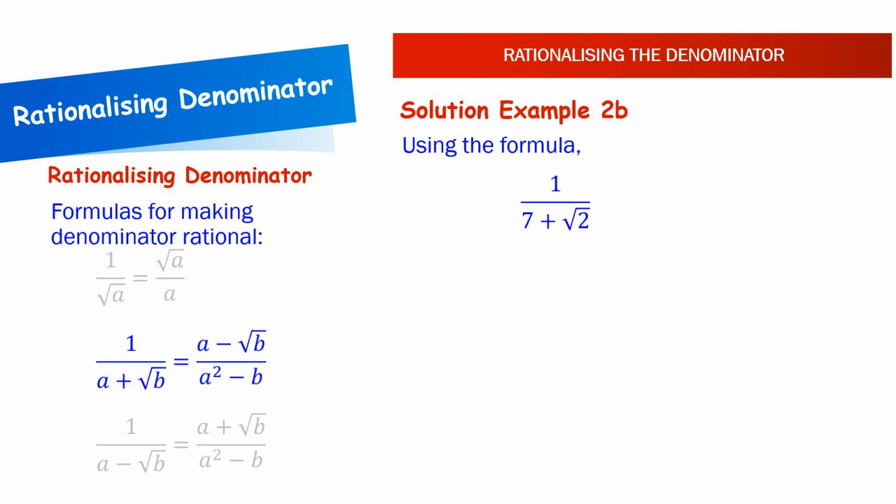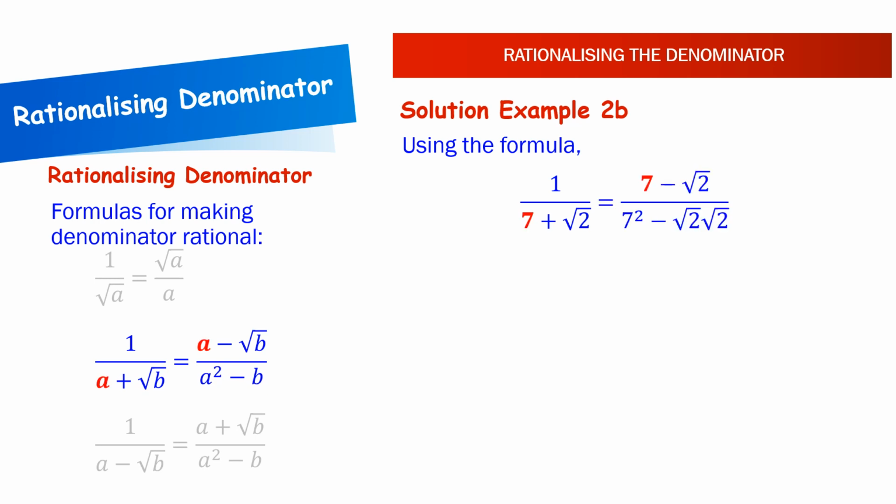And now for part B. We are required to rationalise 1 divided by 7 plus root 2. We're going to use the second formula as highlighted. Here, as you can see, a equals 7 and b equals 2.